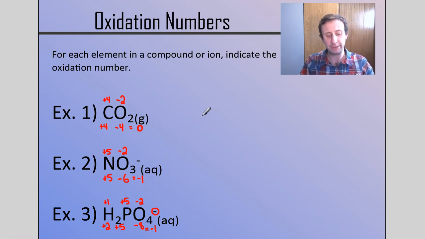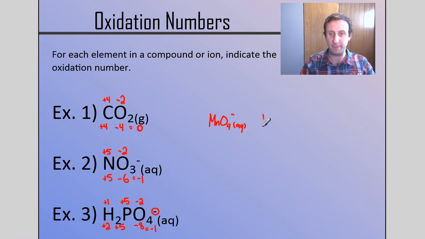So this P will have an oxidation number of positive 5. One thing that the diploma loves to do is to give you an element in a few different chemical species and ask you what the oxidation number is in all those different chemicals to show you how much it can change depending on what it's actually with. So for example, if I were to deal with manganese, I could have MnO4 minus aqueous.